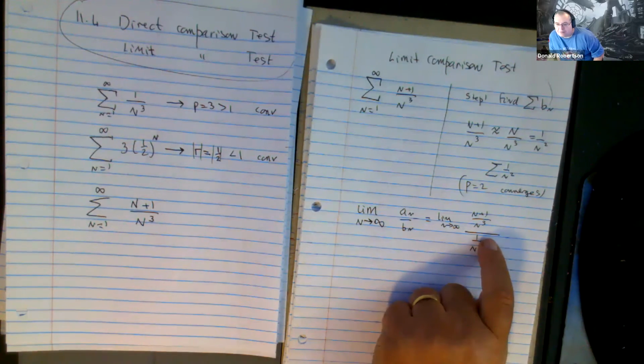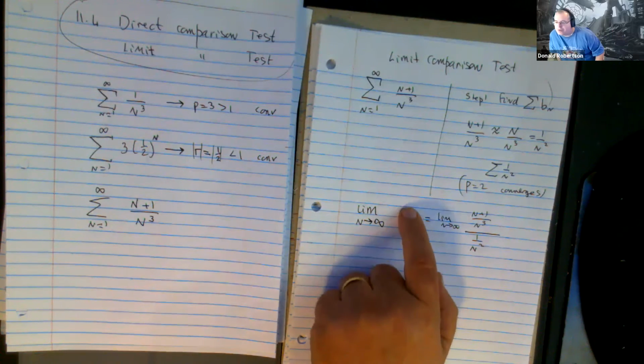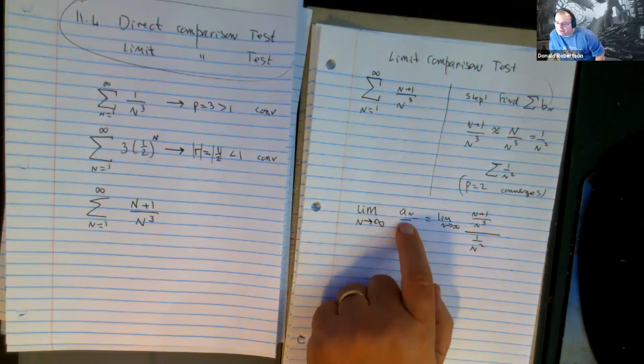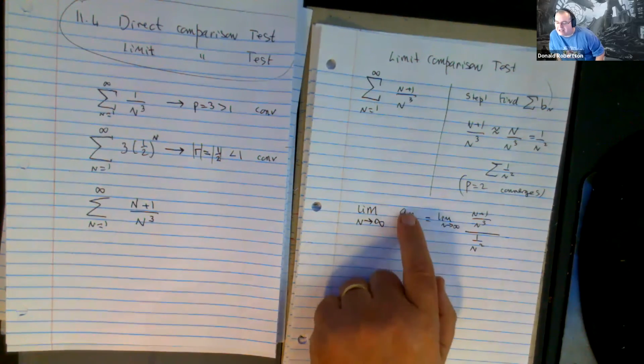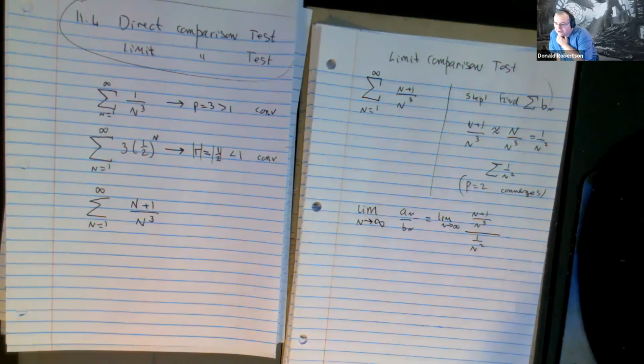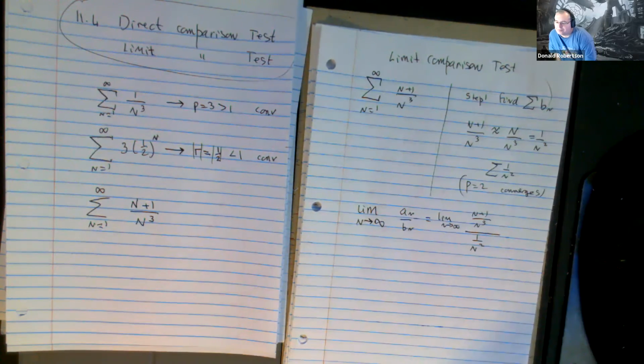If this limit is a number, and we don't care if it is 1, 41, or a half, it just must be a number, then we can assume the series converges. If this fraction ends up being 0 or infinity, that proves we chose a bad comparison, because sometimes you choose a comparison that isn't actually valid, right? So it's like a check to make sure that you haven't screwed up on your comparison.